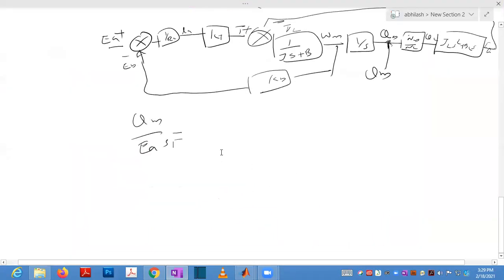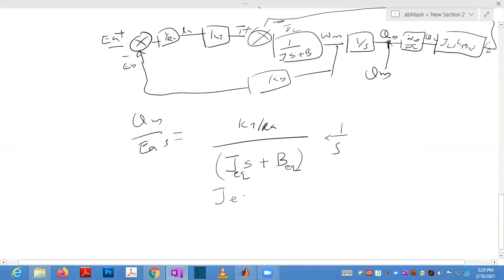This one will be something like Kt by Ra divided by Js plus, J equivalent plus B equivalent, multiplied by 1 by S. And this J equivalent is equal to Jm plus Nm by NL the whole square into JL.